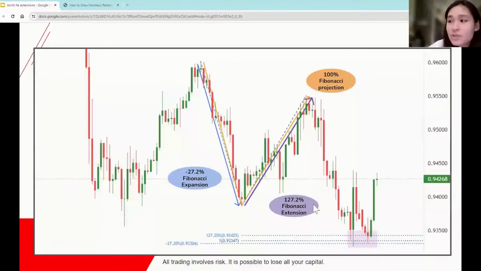And then the purple is our Fibonacci extension, or in this case, we have an inverse Nike tick. So we have minus 27.2, 100%, and 127.2 lining up. We can see that price bounced off nicely off of this very strong support level.